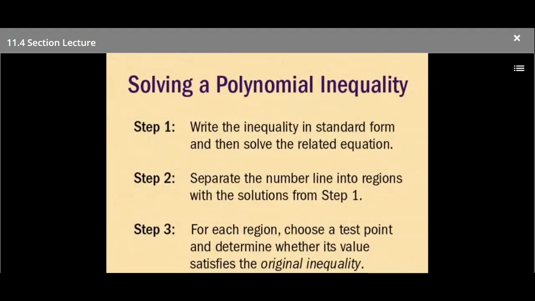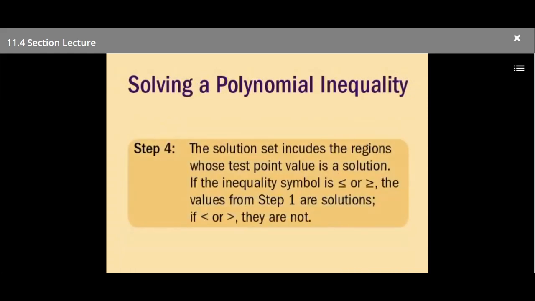Solving a polynomial inequality. Step 1, write the inequality in standard form and then solve the related equation. Step 2, separate the number line into regions with the solutions from step 1. Step 3, for each region, choose a test point and determine whether its value satisfies the, and this is very important, original inequality.